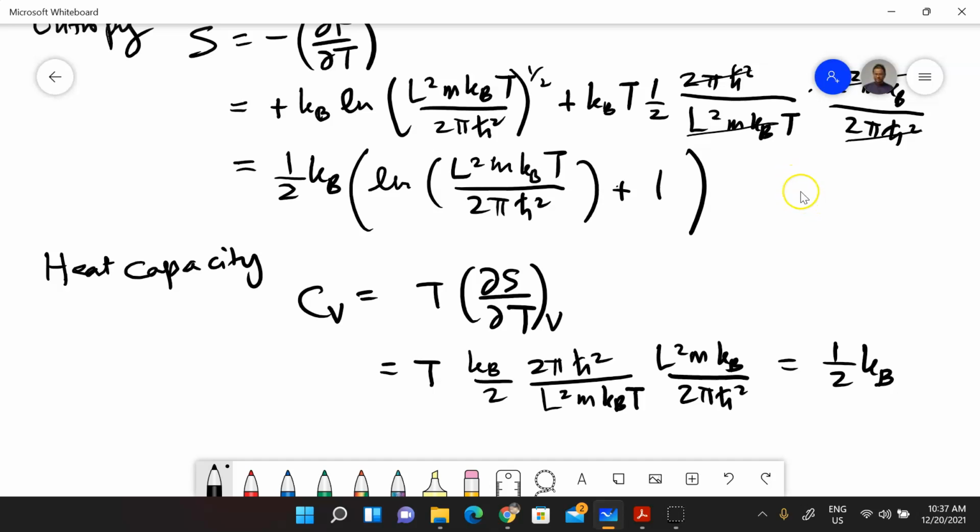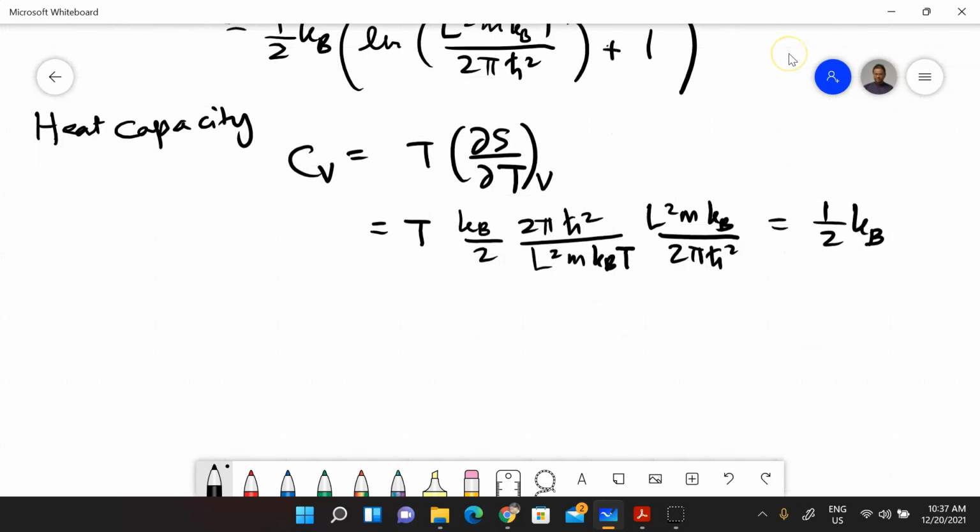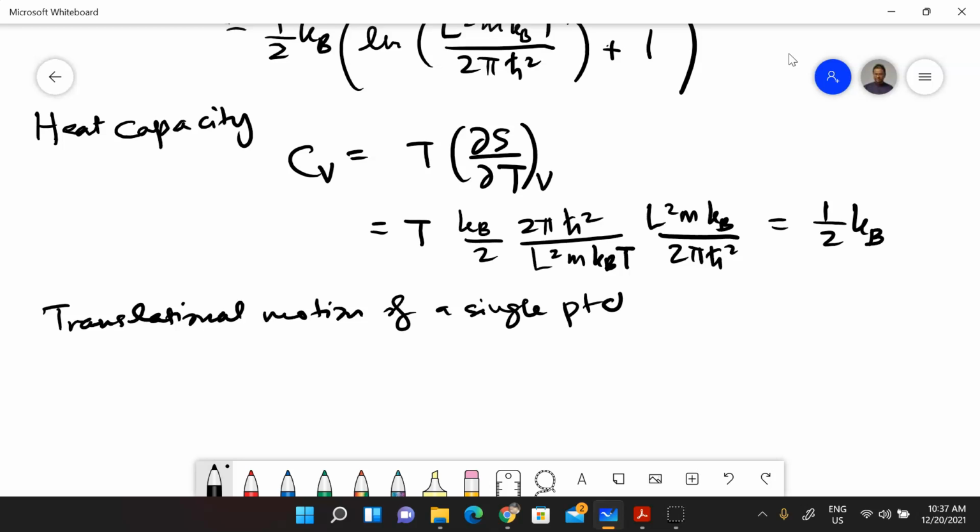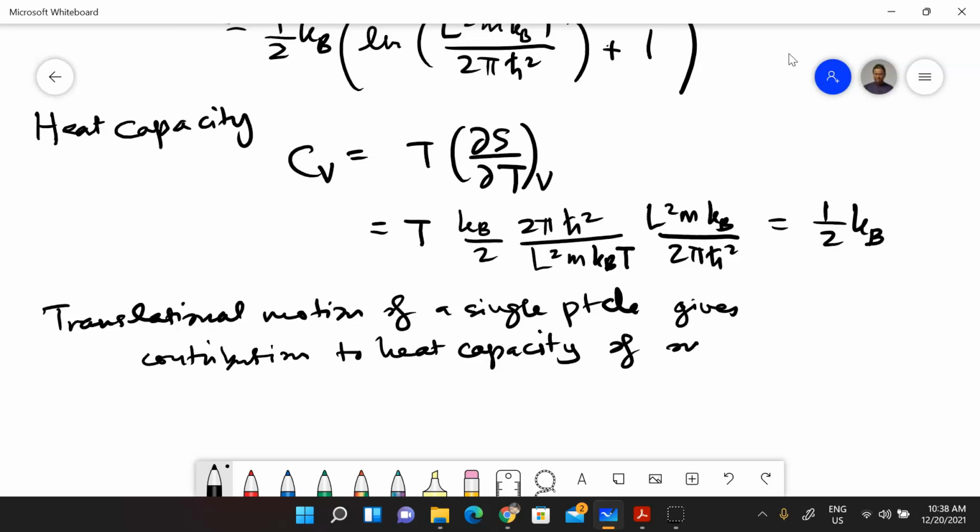So in other words, translational motion of a single particle gives a contribution to the heat capacity of only half k_B.